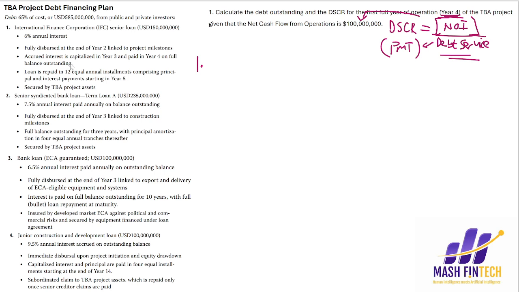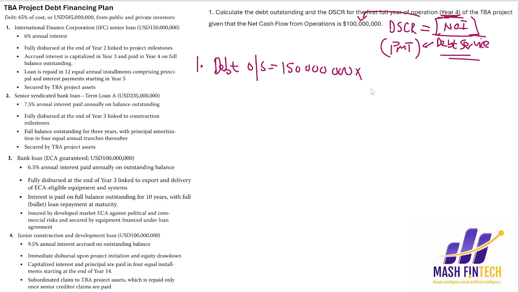All right. So what is the debt outstanding? The debt outstanding is going to be equal to, you take the loan amount 150 million, and then they say this money was fully disbursed by end of year 2. So the accrued interest is capitalized in year 3.